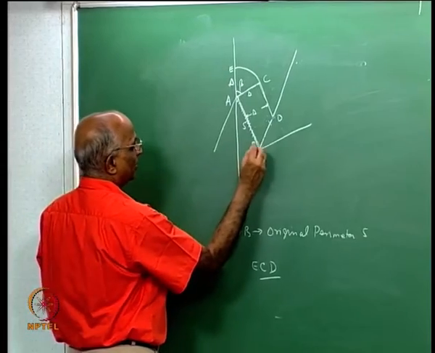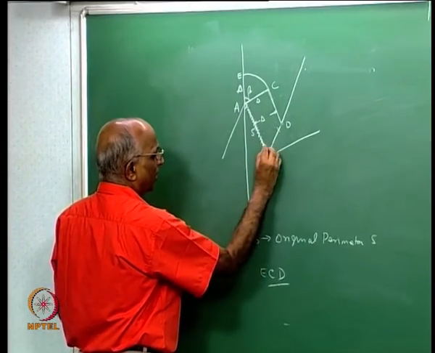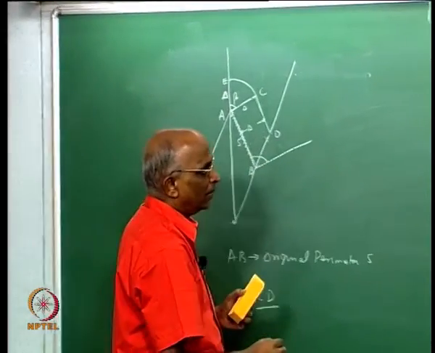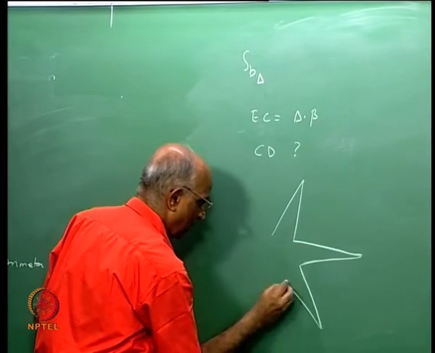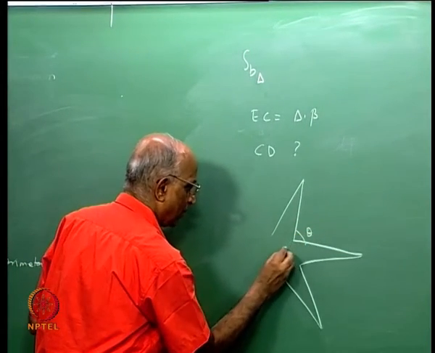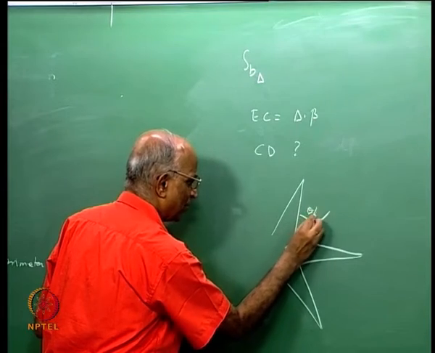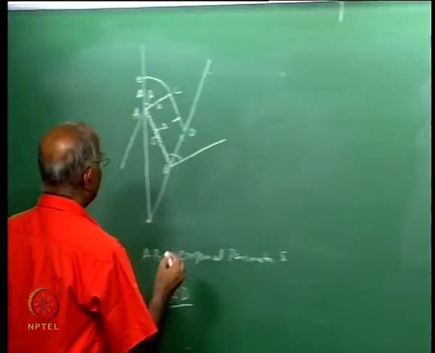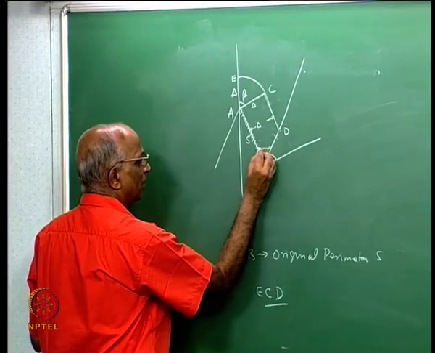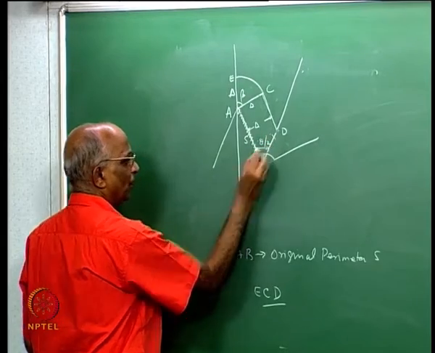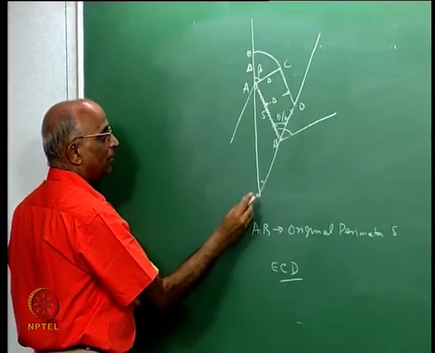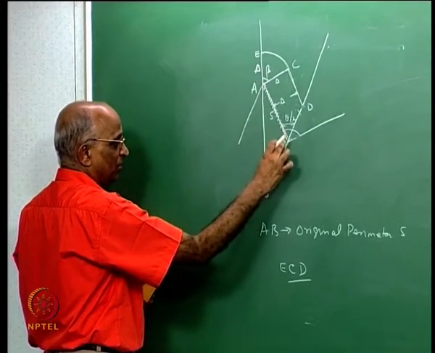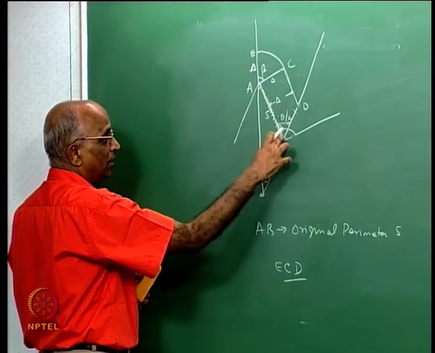Well, let us tell ourselves, in this particular star let the total angle be theta. In other words, I had a star grain like this, let this angle be theta, therefore this half angle which I am talking about is theta by 2. What is the angle at the center which is included by this particular side S?